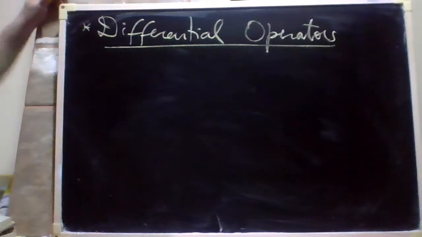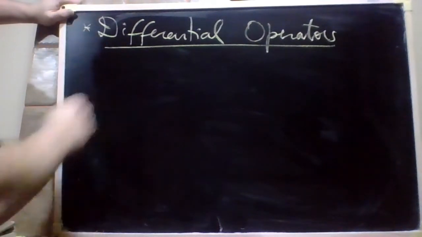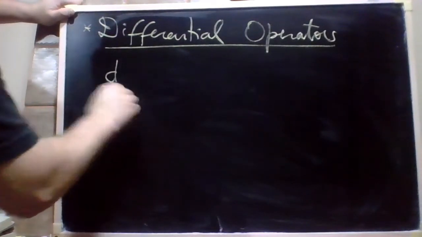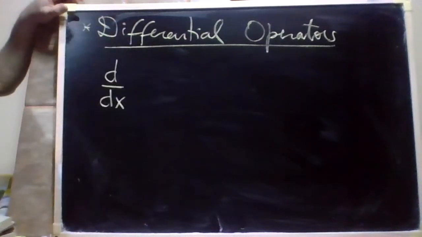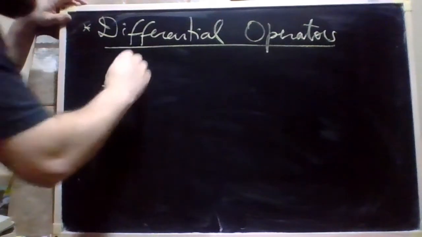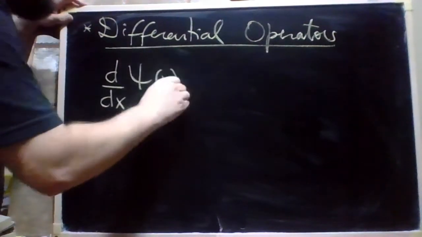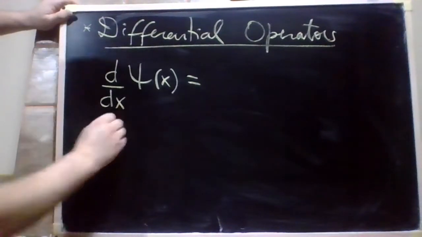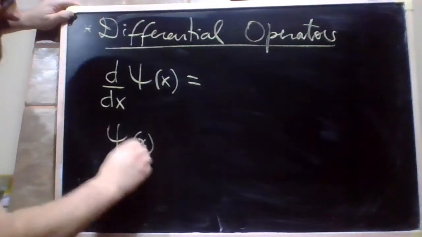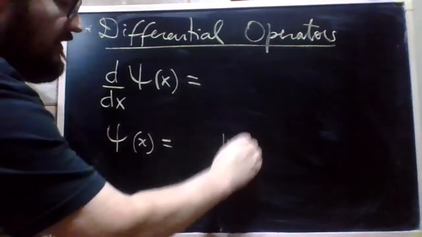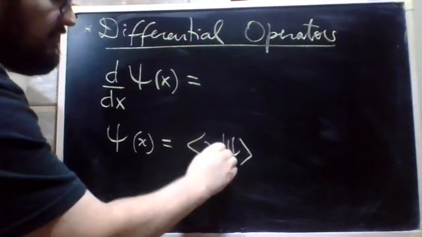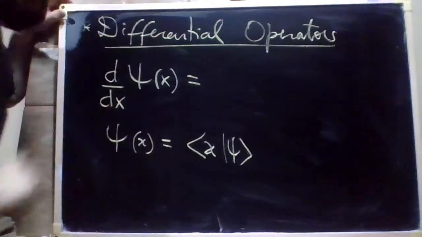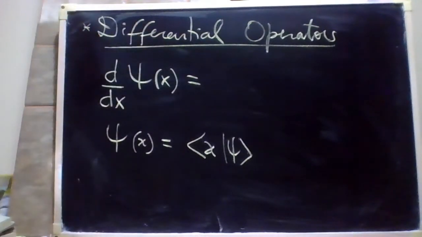Suppose that you have a first order derivative with respect to some variable x of some function psi of x. This is in quantum mechanics. You can think about psi of x as a ket vector projected onto the position basis. Say it's position for the sake of simplicity here.